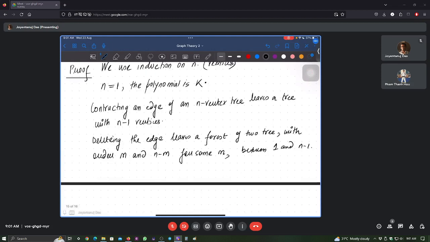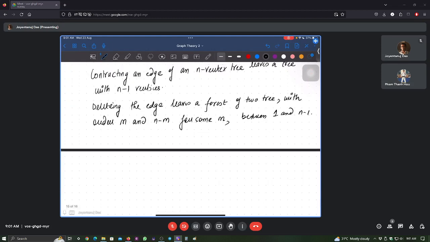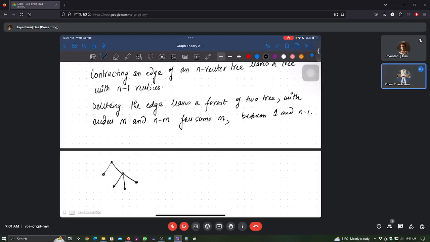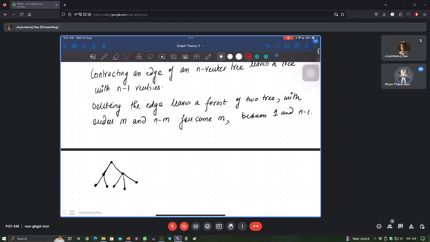So let us see an example. Suppose we have the tree like this, right? Now suppose I delete this particular edge. Then what is the resulting tree? The resulting thing is two trees, right?